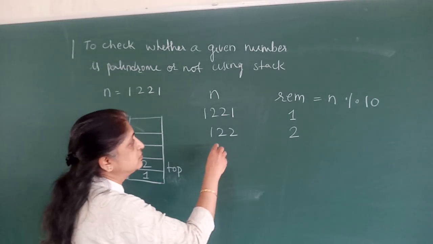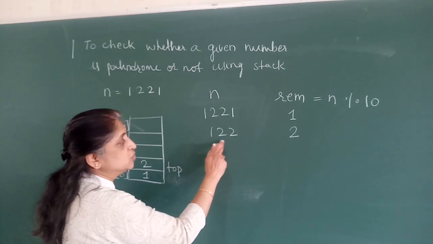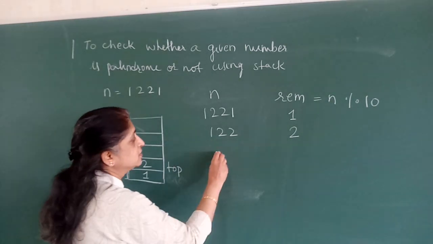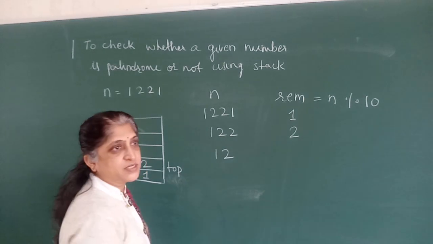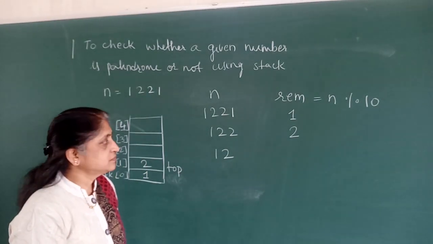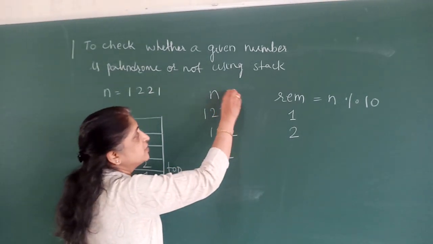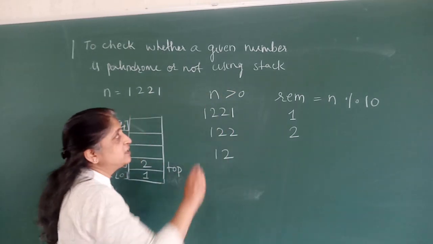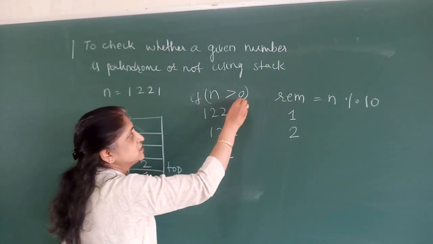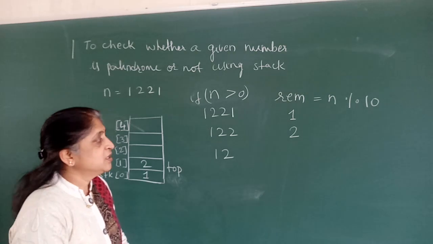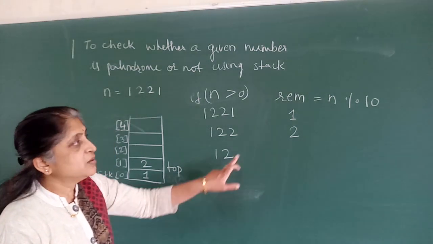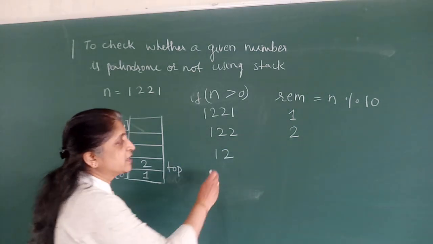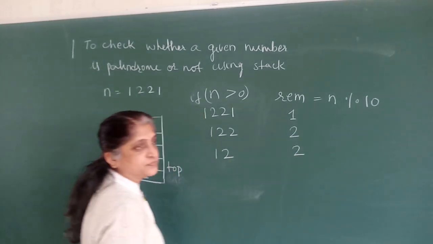Then again I perform 1, 2, 2 divided by 10. It is integer division. I get the quotient as 12. I go on performing this as long as n is greater than 0. Now it is 12. Perform mod of this, I get the remainder as 2.